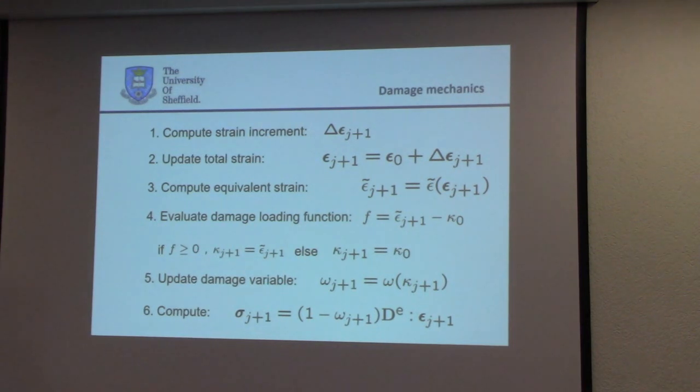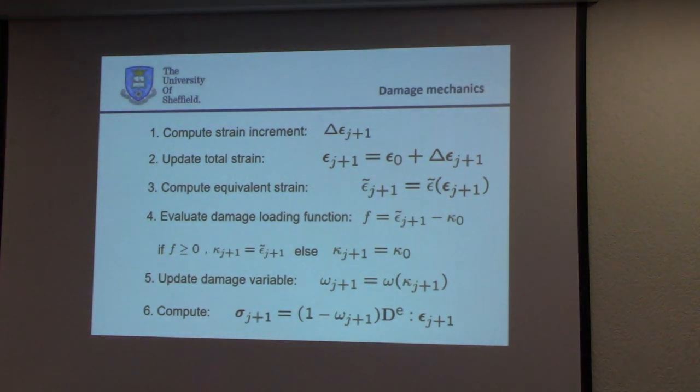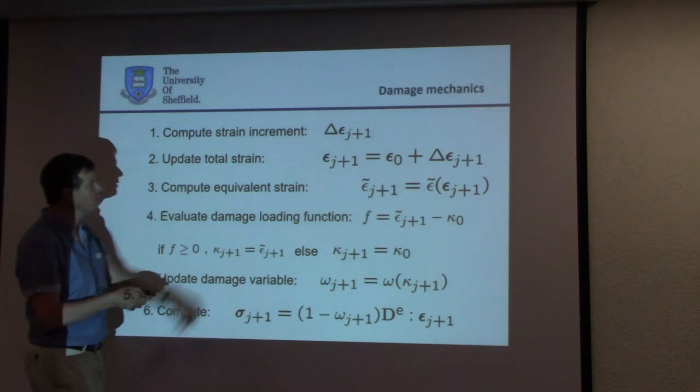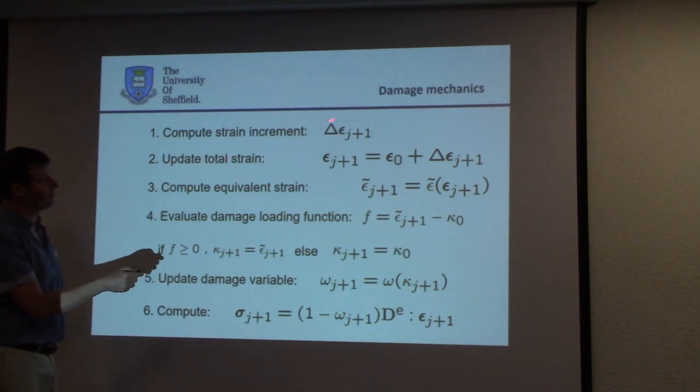So here I've written out the algorithm, how you do that. From your finite element or finite difference or whatever numerical approach you use, you always compute displacement increments in nodes. From that you get, usually at an integration point, your strain increment.